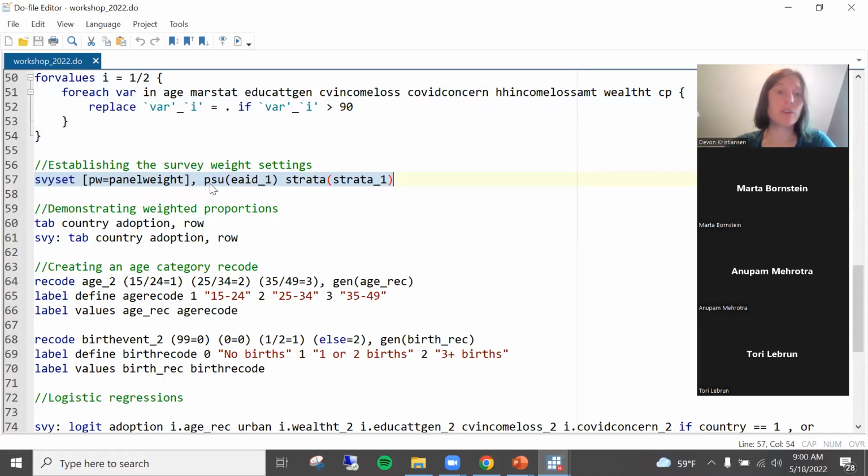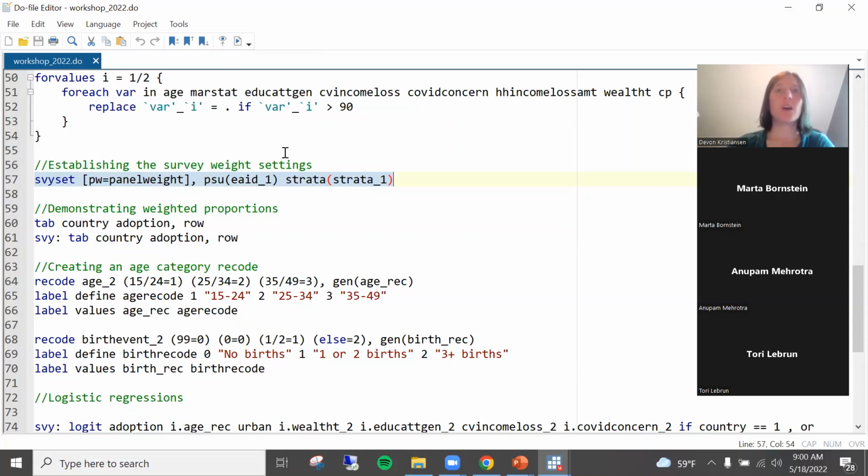So I'm going to include the primary sampling unit in my survey set, and the primary sampling units were selected according to strata, so I'm going to include that, and also declare that panel weight is the weight that I want to use to get representative proportions. So I'm going to run that.